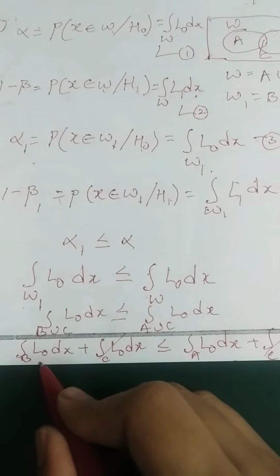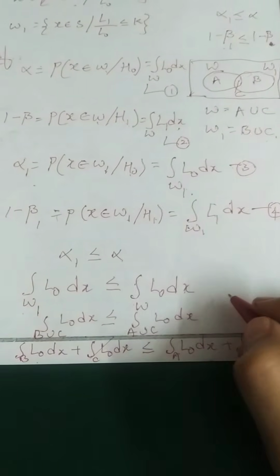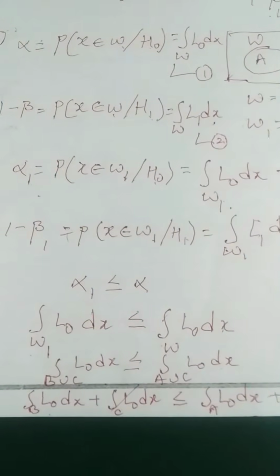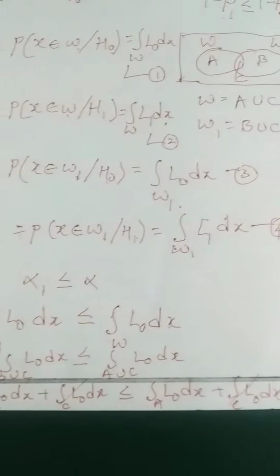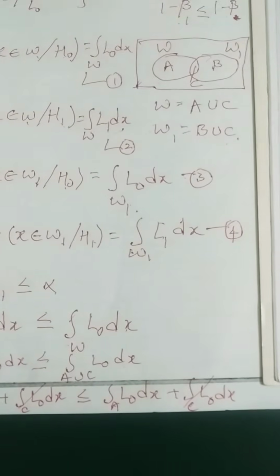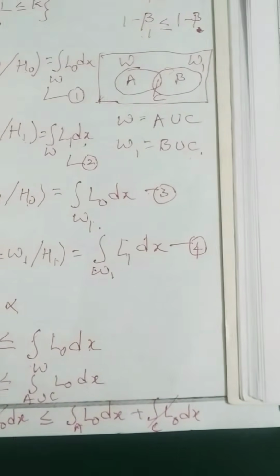You will be left with the integral over B of L naught dx less than or equal to the integral over A of L naught dx.